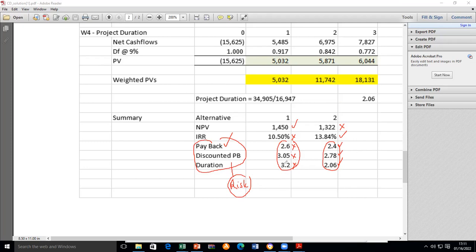So this project has got a high risk, but also it has a high return. If you notice there, when you look at this project, it's got a low risk and a low return.